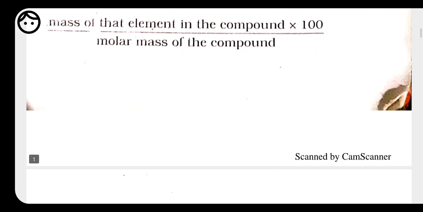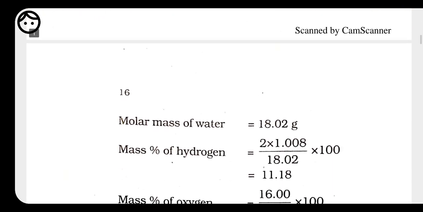To calculate this, if we have a compound such as water, what is the formula of water? That is H2O. Here we have two atoms of hydrogen and one atom of oxygen. To calculate the percentage of each element, first we have to take the molar mass of the compound.